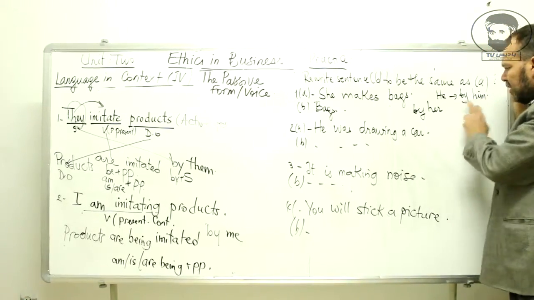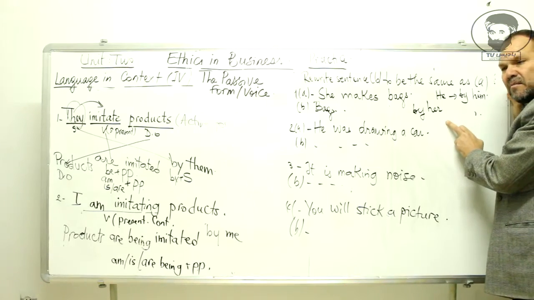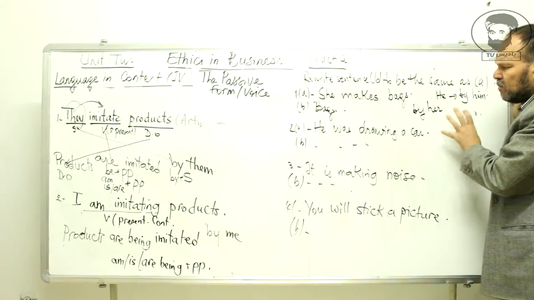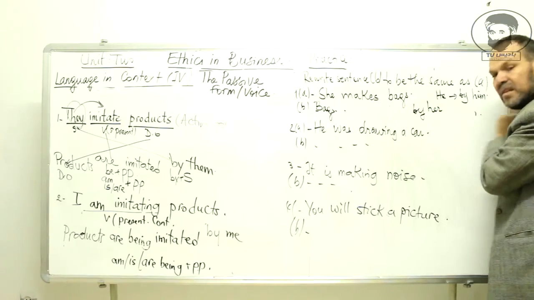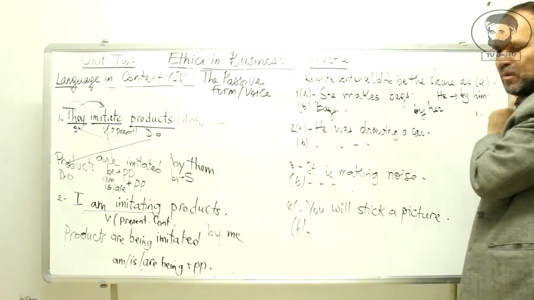Please, I want you to learn these forms for your bac exam. In the bac exam, we are more stressing the verb, but it's also useful to learn these objective forms of the pronouns.